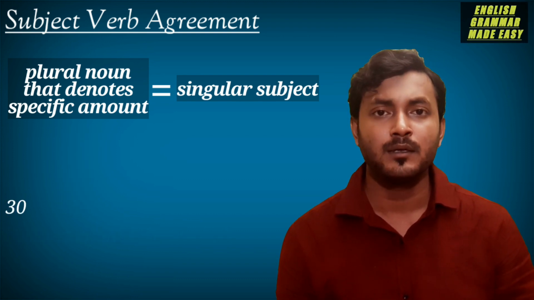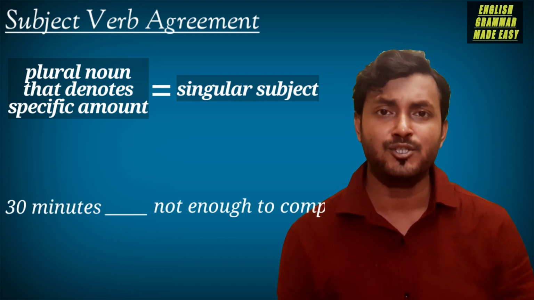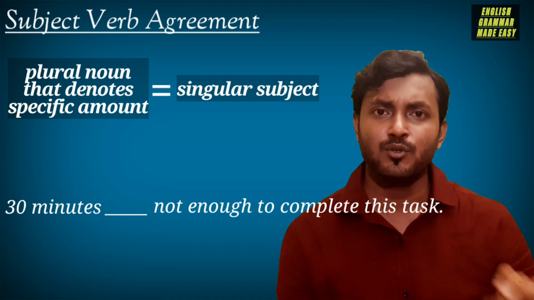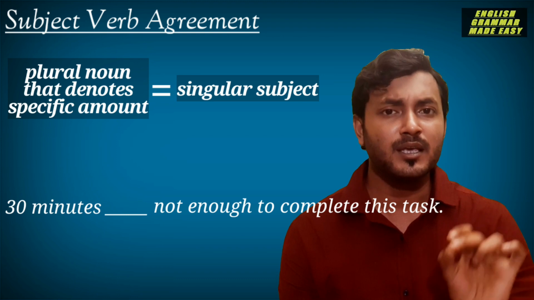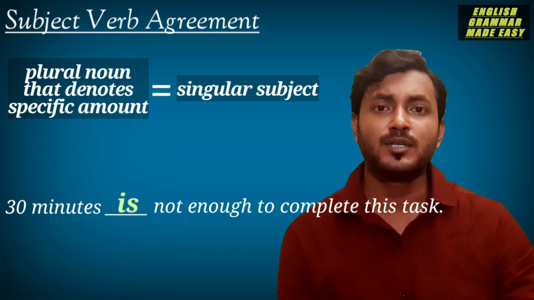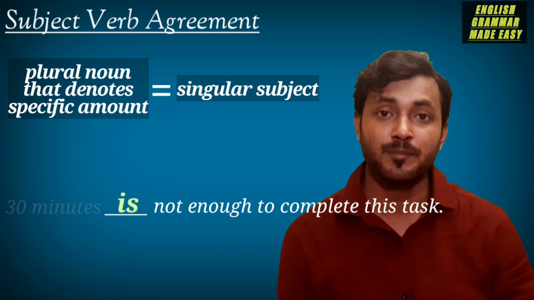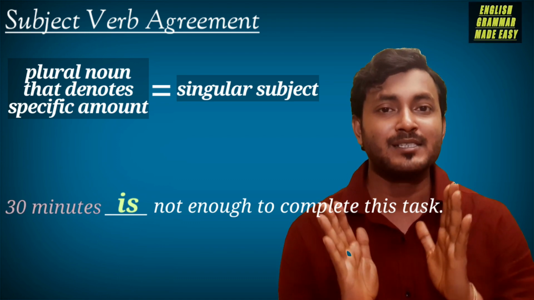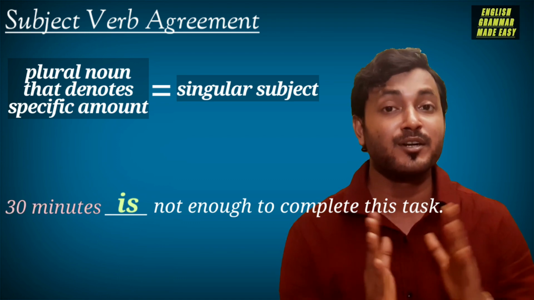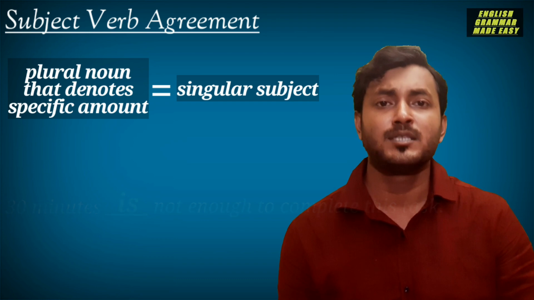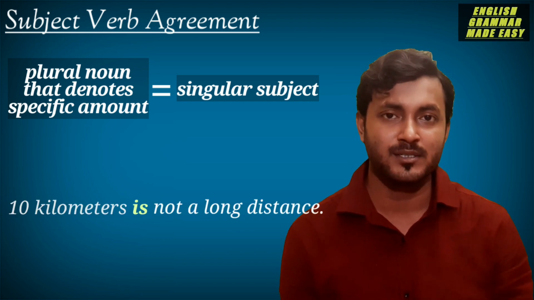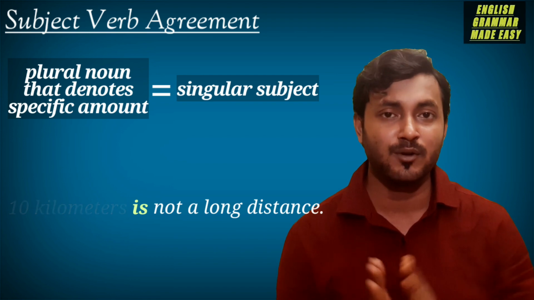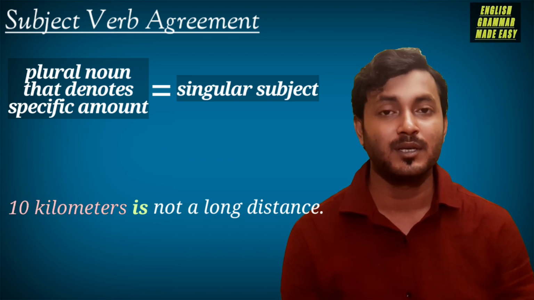If I say 30 minutes, very less time to complete this task, what will we write? 30 minutes is very less time to complete this task. 30 minutes refers to a singular amount of time, a singular duration. Similarly, 10 kilometers is not a long distance. 10 kilometers: a singular distance is being talked about.